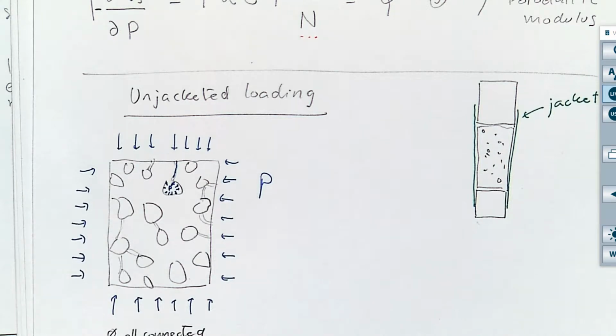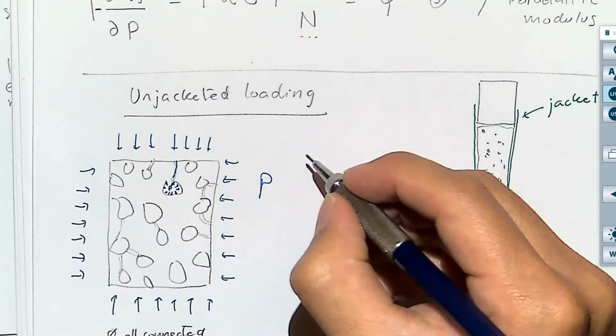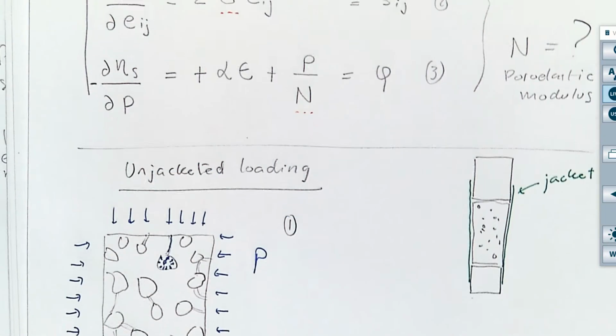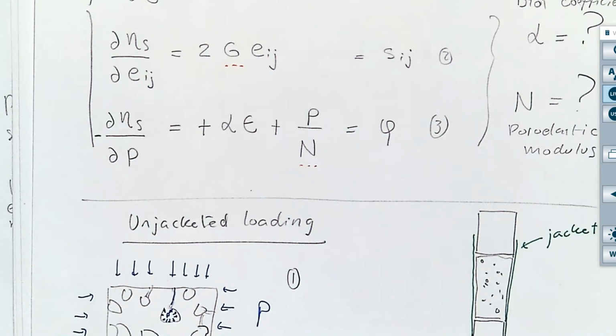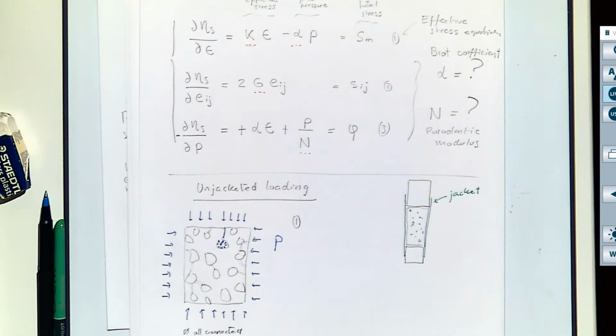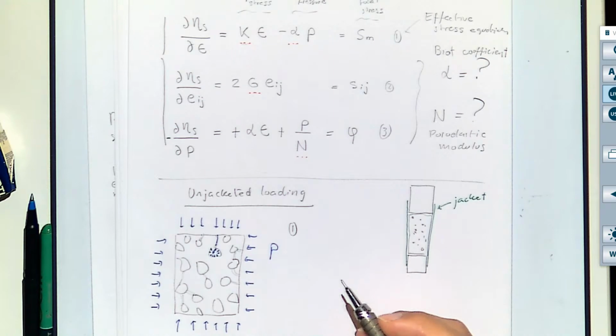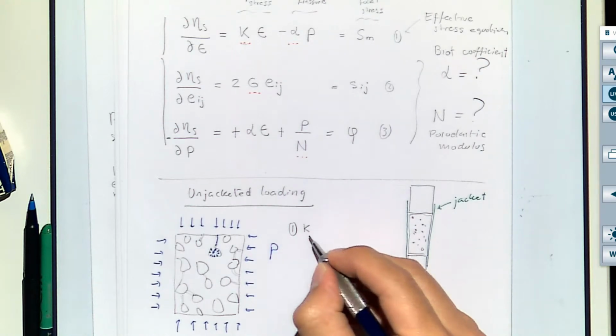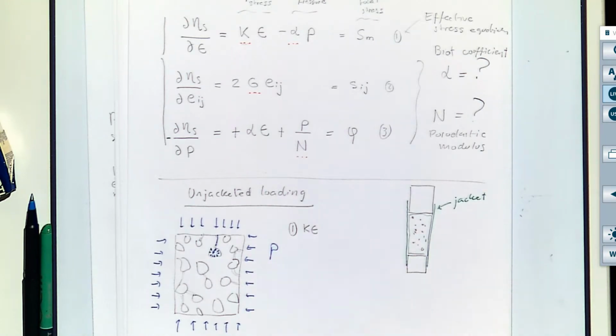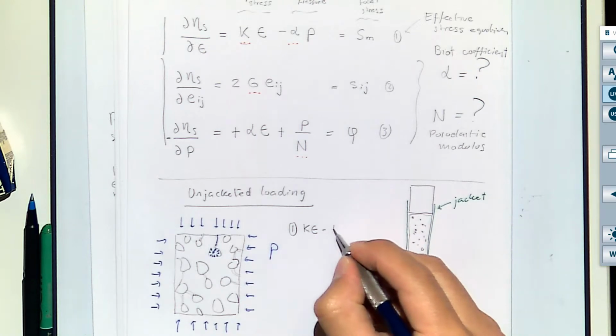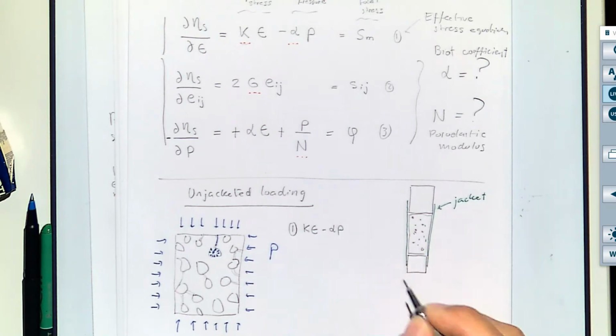And now let's use the equations that we just derived before. So for equation number 1, let's take a look at that equation. I have that bulk modulus times volumetric strain minus alpha times the pore pressure has to be equal to the total stress.